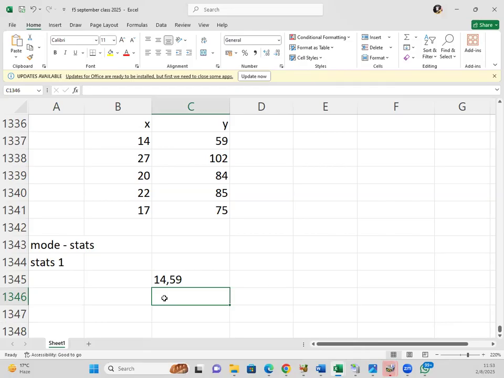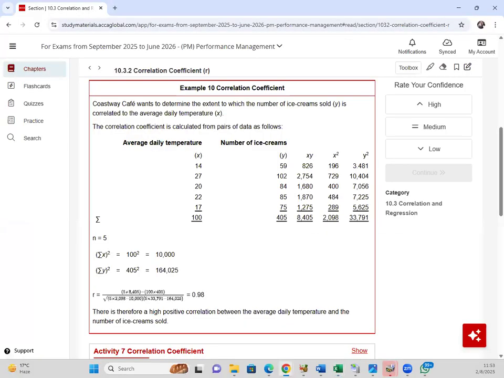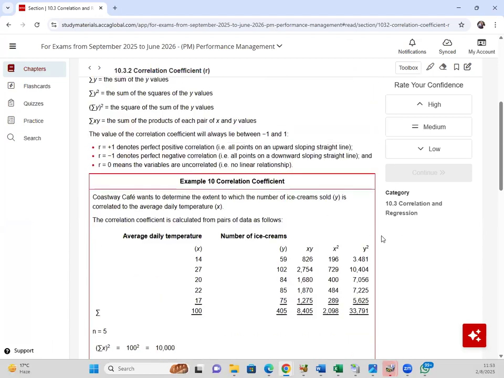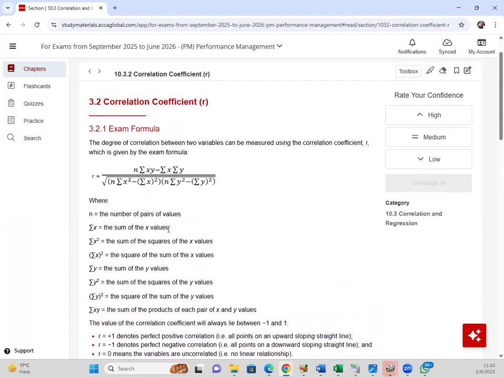After you have input all the data, we can then easily come up with the variables that the question is asking for. If you are using that old Sharp dial calculator, it has these summations. Let's go back to the formula. You can see all these are in the formula.